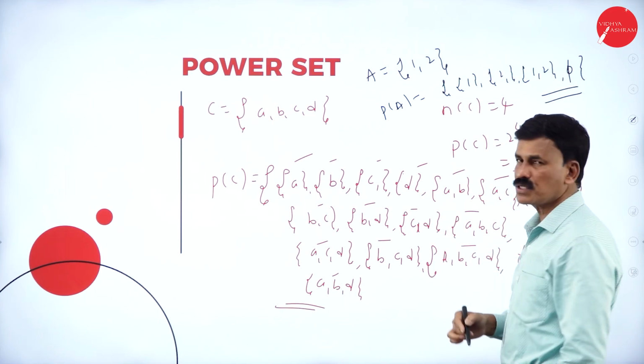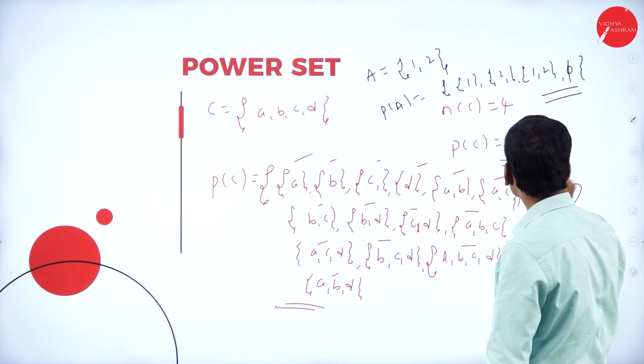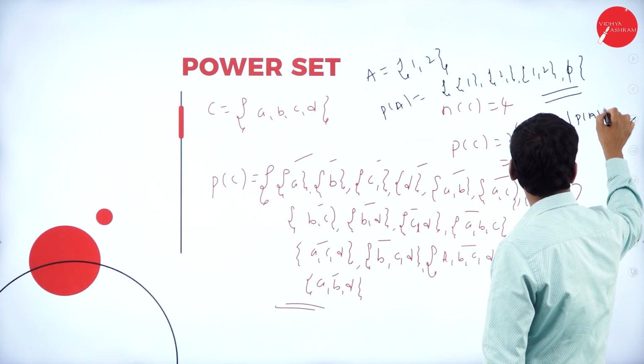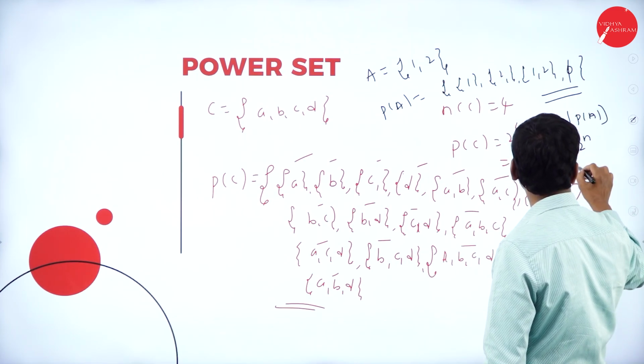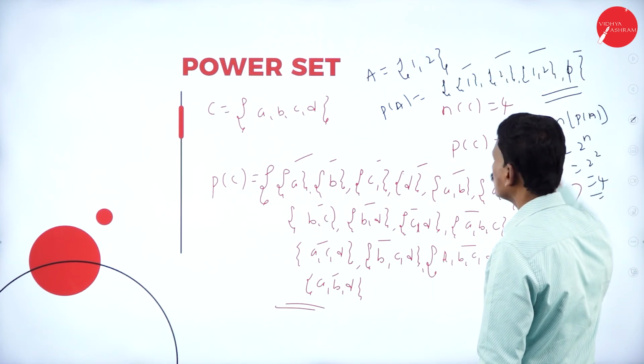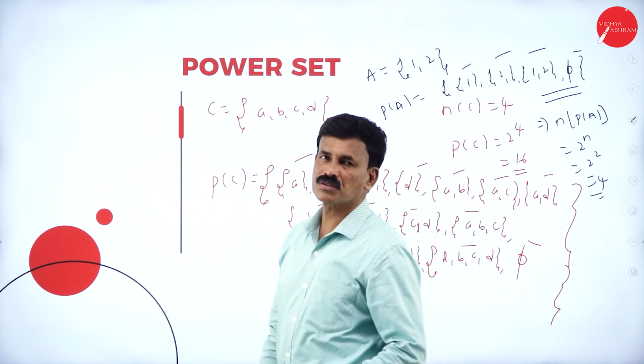So there are 4 subsets. Which implies n(P(A)) is equal to 2 to the power of n, that is 2 squared, so it contains 4 subsets. This is how we are going to write the subsets.